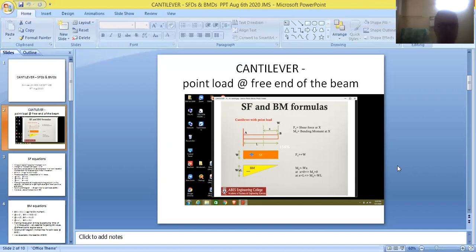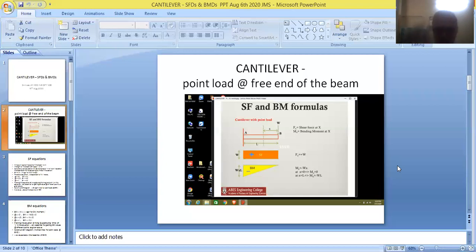All the values are positive, so the plus symbol is marked inside the shear force diagram. At all the points, the value of shear force will be equivalent to plus W. These are positive values, therefore all of them are coming above the baseline of the shear force diagram.